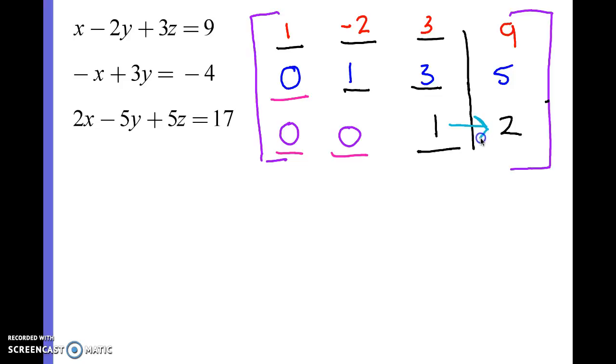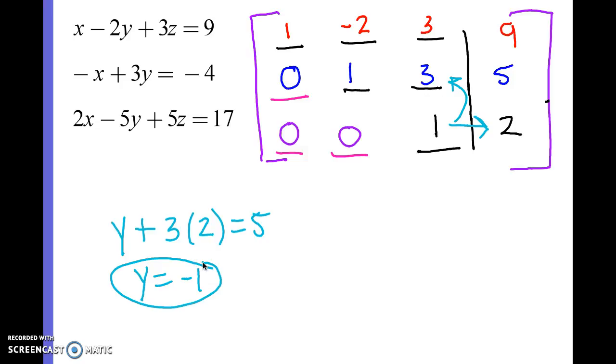Like I said before, I want to plug that value in here. So I have 1y plus 3z, and z had a value of 2. All of that equals 5. So now I can solve for y. So y equals -1.